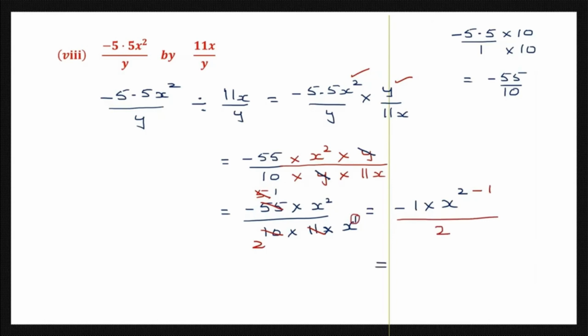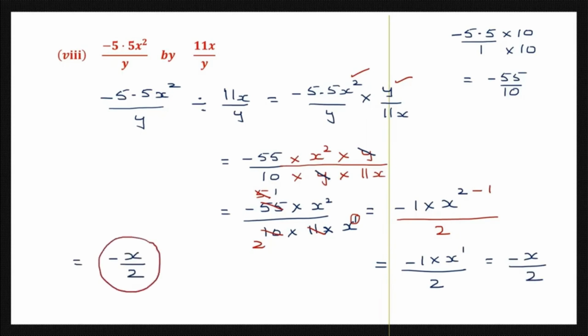Minus 1 into x to the power of 1 by 2. So that will be minus 1 into x to the power of 1 is minus x, and the denominator is 2. So my final answer here is minus x by 2. So the 8th answer after division, this is what we get.